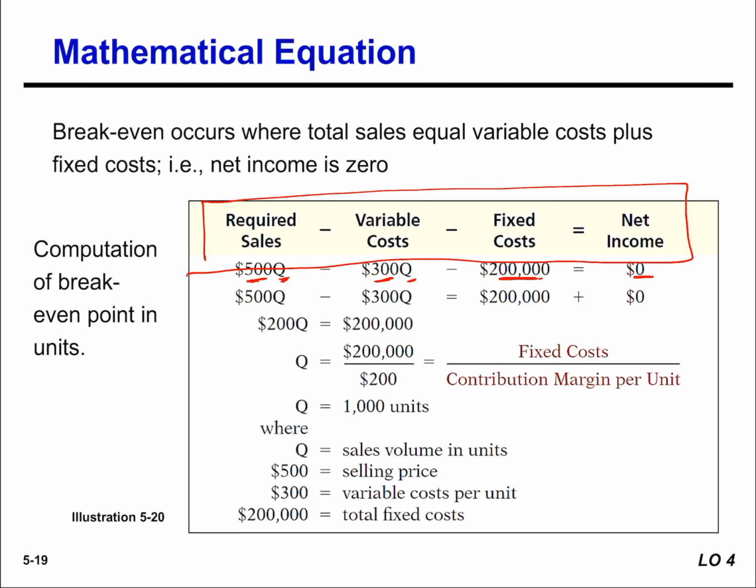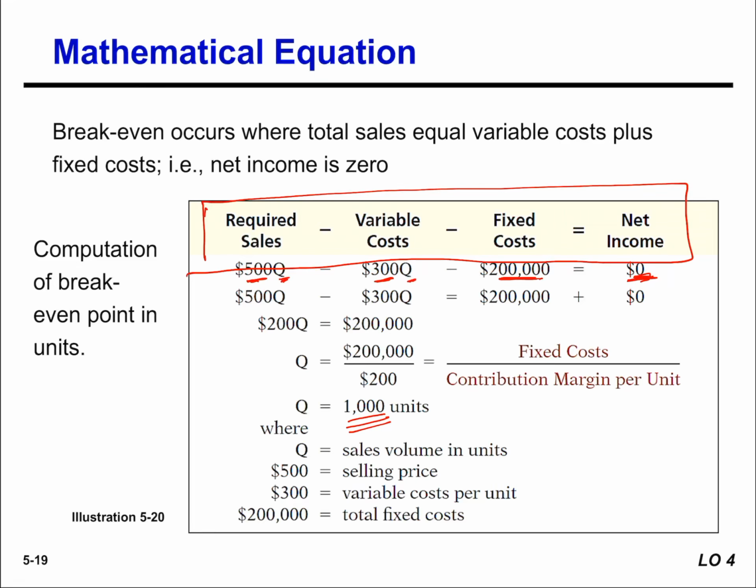So if I plug everything in that I know, again, knowing that I want a net income of 0 because I'm trying to break even, all I have to do is solve and I can figure out what Q is. So again, we've already done this in an income statement approach, but we can figure out that if I sell 1,000 units, that's where I'm going to break even.